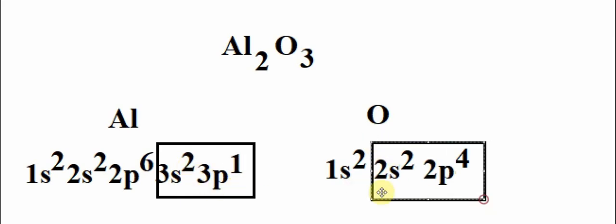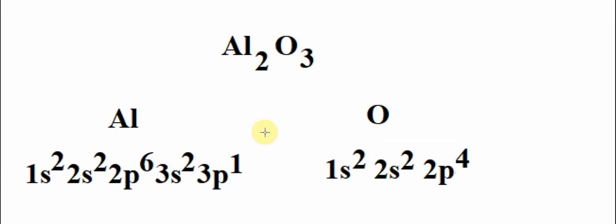In the oxygen we have 6 electrons in the outer layer, so that's 2s2, 2p4. To keep the bonding between the aluminium and the oxygen stable, they need to share and receive electrons so that they can be stable like the noble gas.